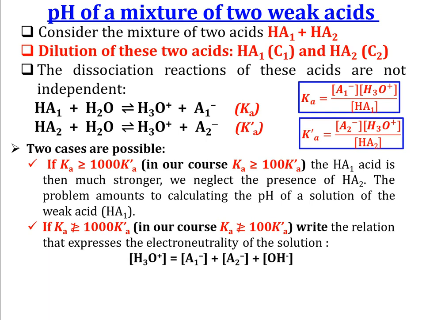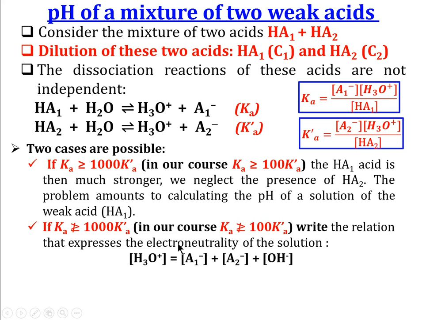So what are the species when we mix HA1 and HA2? We have HA1 remained, A1 minus formed, HA2 remained, A2 minus formed, and we have H3O plus in the solution.